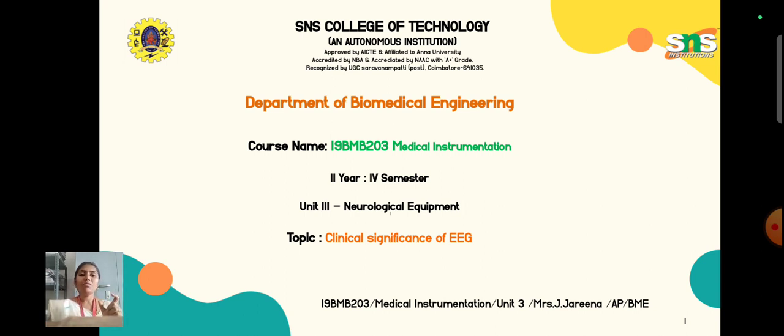When the word ends with graphy, it's a technique, and when the word ends with gram, that is electrogram or encephalogram, it is meant for the output or result which you get from the machine. So this should be very clear when we are speaking about these terms.